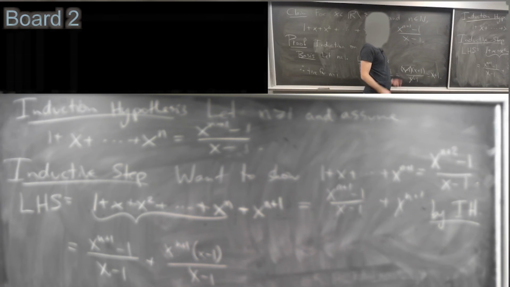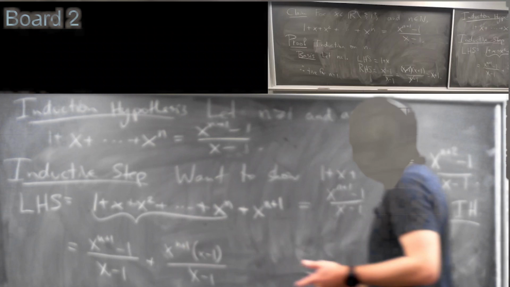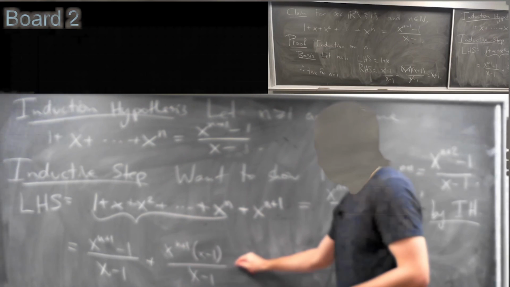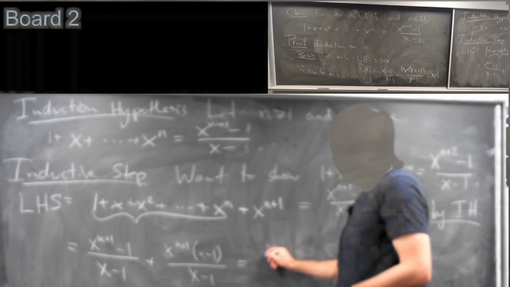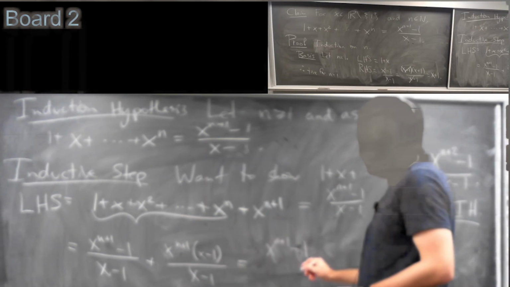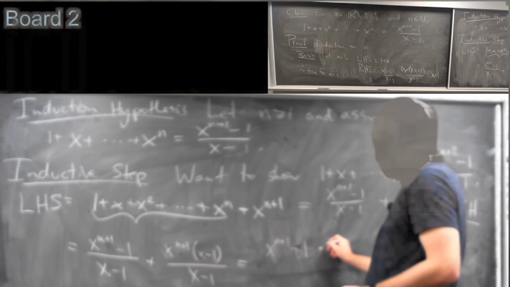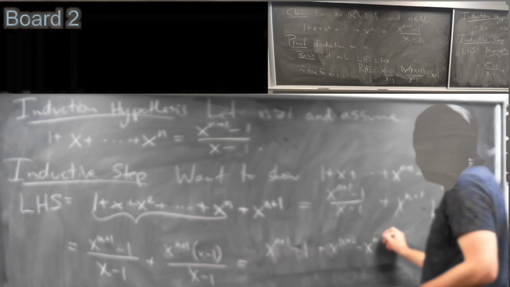Okay, and a magical thing happens. Maybe I'll write out the steps. So x to the n plus 1 minus 1 plus x to the n plus 2 minus x to the n plus 1.